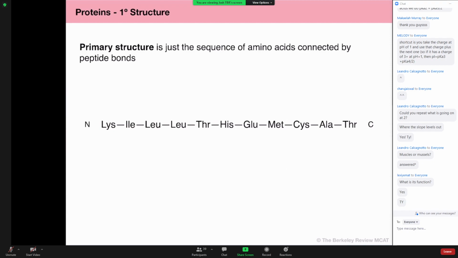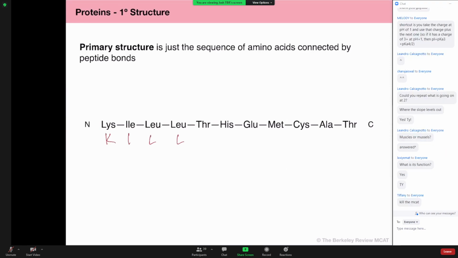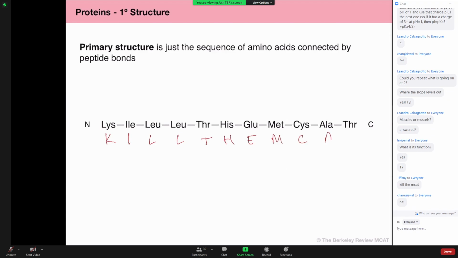So what is this? Has anybody done their amino acid codes? Does anybody know what this says? Yep, that's what we're going to do. This is our favorite peptide from now on.